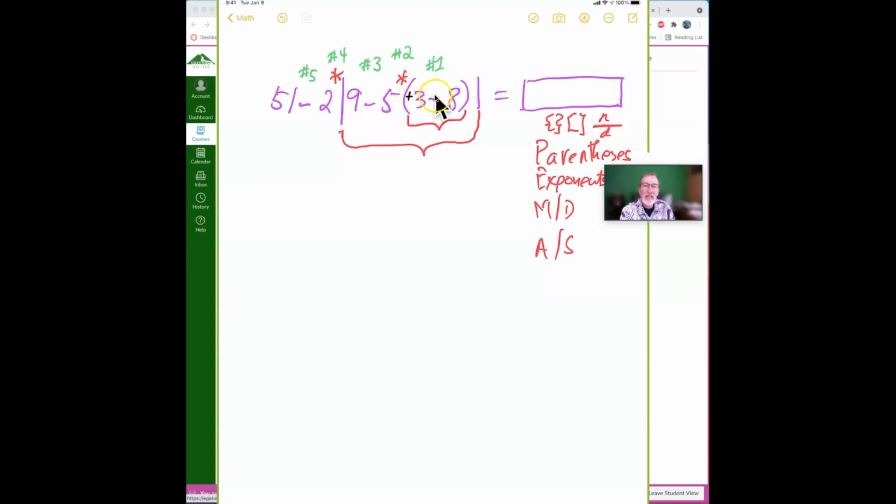So when the signs of 2 numbers are different and they're being combined, right? This is not multiplication, but this is combining a positive and a negative number. When the signs are different, which we have a positive 3 and a negative 8, we're going to think of that as a negative 8. Then you take the difference between them, which means basically a subtraction problem. So what's the difference between 3 and 8?